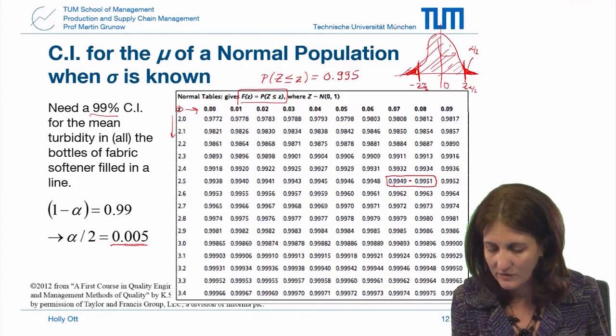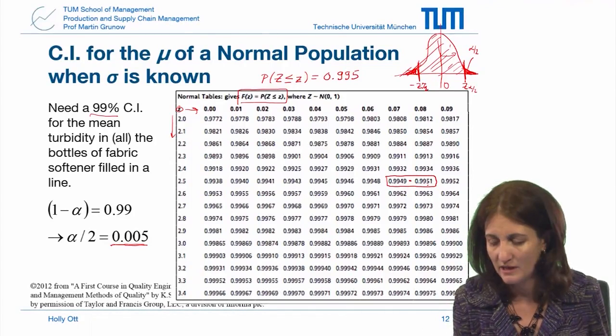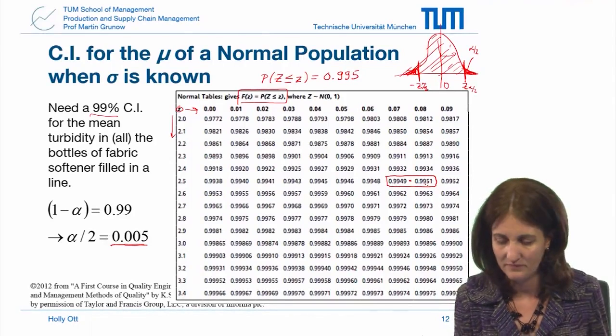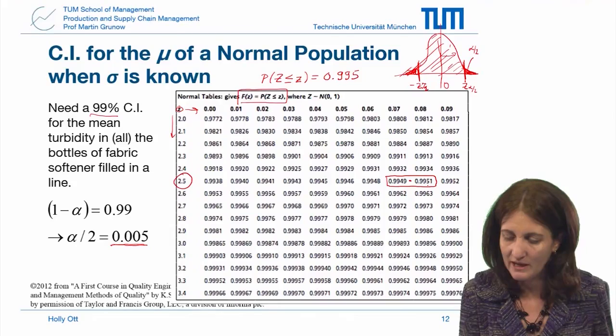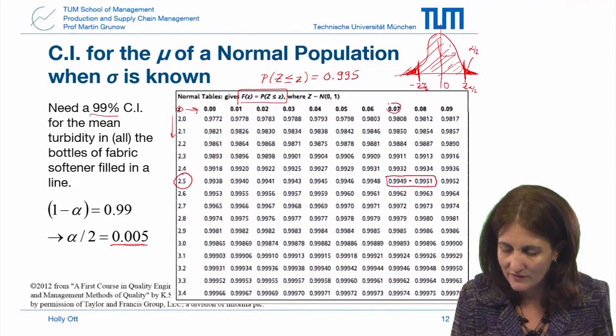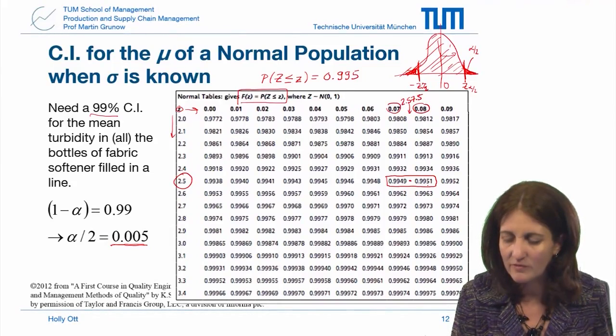So we look for 0.995, and what I can see here is that it's lying right midway between 0.9949 and 0.9951. So I read my z value: 2.57, 2.58, so 2.575, right in the middle.